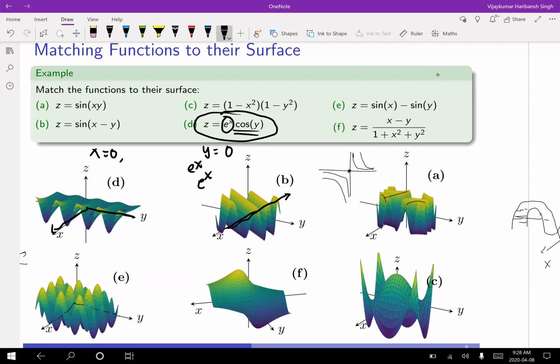When y is 0, you get e to the x behavior. And when x is 0, along the y line, you get a cosine wave like that. So the answer is D.